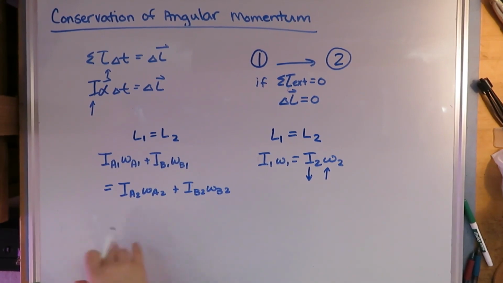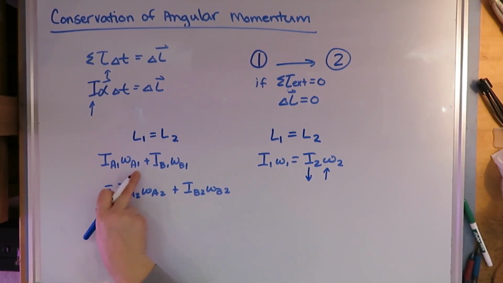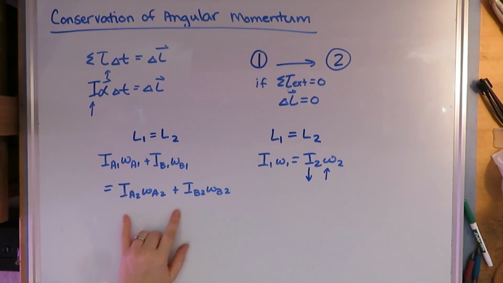This would be for a two object system, where I could be changing my moment of inertia or my angular speeds in order to cause the other object to have some change associated with it. So you could have lots more factors in this case.